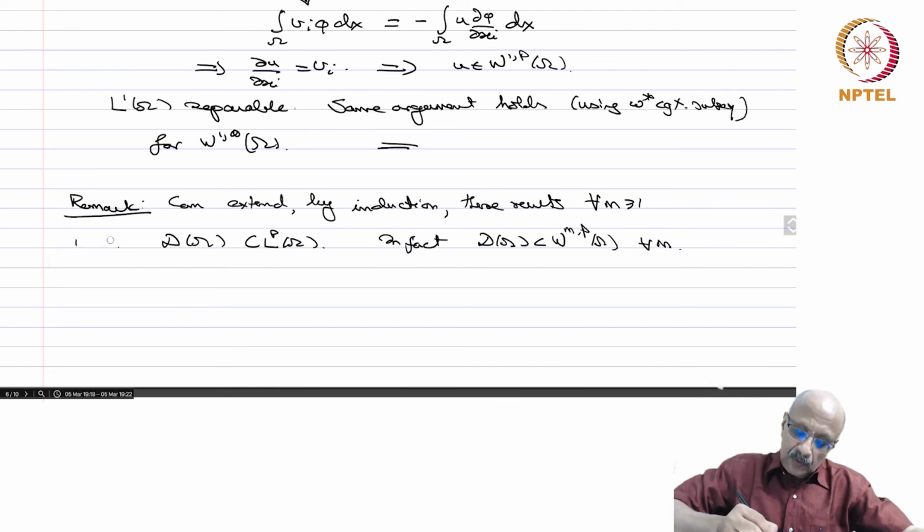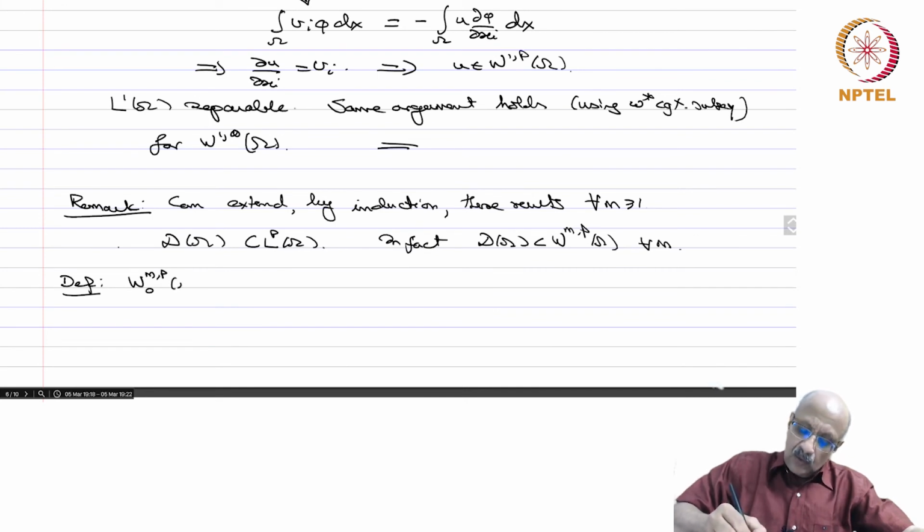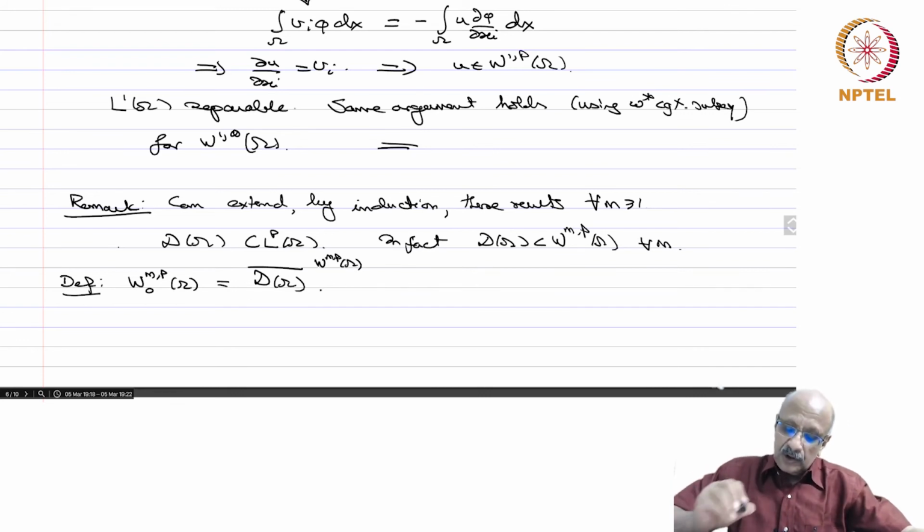Okay. So, now comes the definition. We denote W_0^{m,p}(Ω) equals the closure of D(Ω) in W^{m,p}(Ω). So, this is the closure in the W^{m,p}(Ω) norm. If you take that closure, this is a closed subspace of W^{m,p}(Ω).